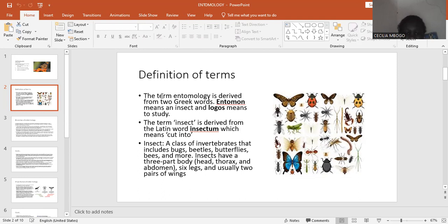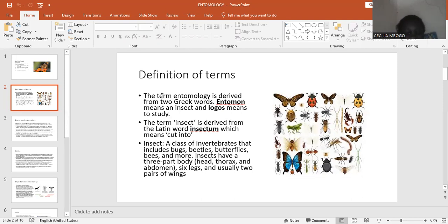Then the next one is insectum. The term insect is derived from the Latin word insectum, which means cut into. So these insects have body parts, and these body parts are cut into parts. That's why we say insect is derived from the Latin word insectum, which is to cut into.